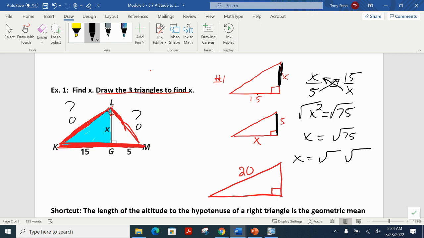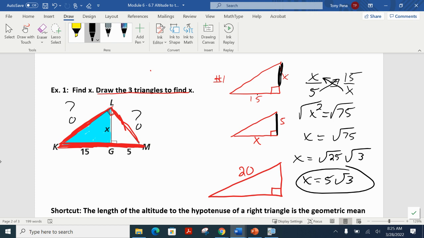This should be a nice one. We want a perfect square that goes into 75. That would be 25, and it would go into it 3 times. So that length must be 5 root 3. Okay? And then we could figure out that that's how long this segment is right here, that altitude is.